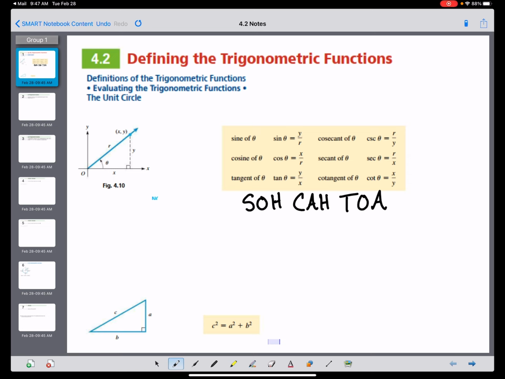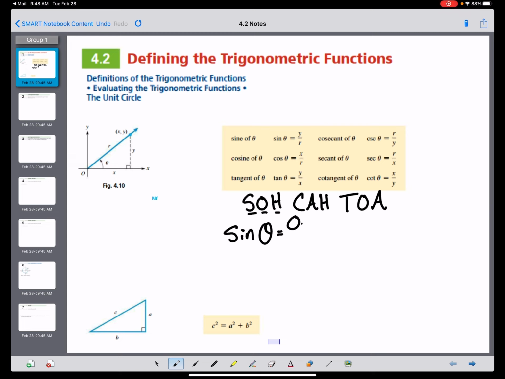SOHCAHTOA is a mnemonic for a way to memorize these trig functions, or at least the three basic trig functions. Sine: we're saying the sine of some angle is equal to the opposite over the hypotenuse.